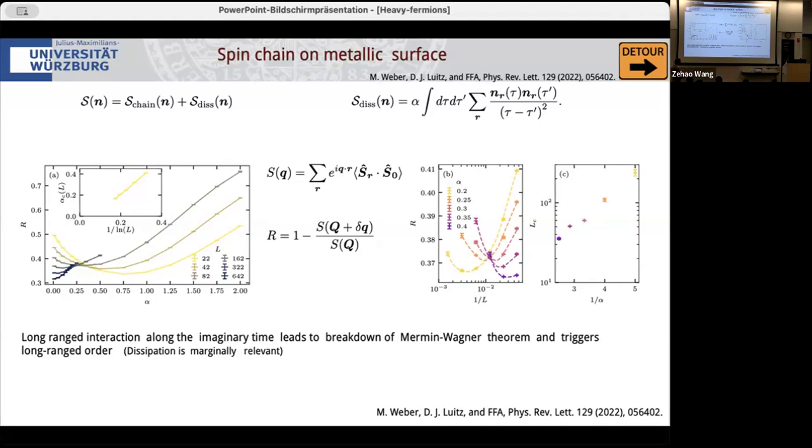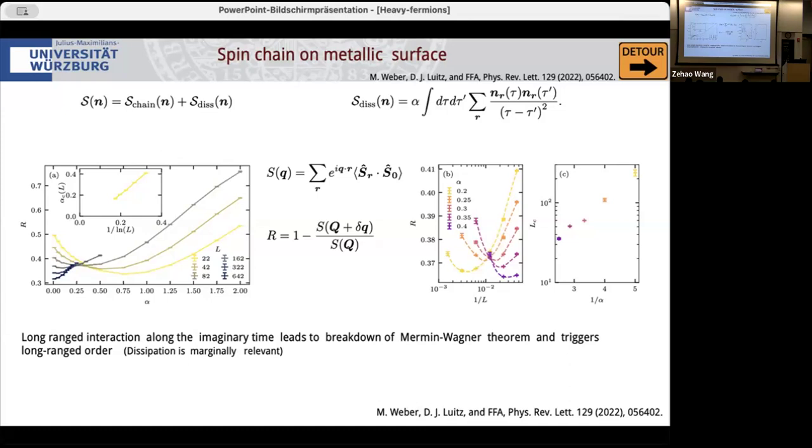If you have a disordered state, then S(Q) is a continuous function, and so when delta Q goes to 0, the ratio goes to 1, so R is basically 0. If you have an ordered state, S(Q) diverges much quicker, and so the ratio goes to 0, so R is equal to 1. So R is 1 in the ordered phase, R equals 0 in a disordered phase.